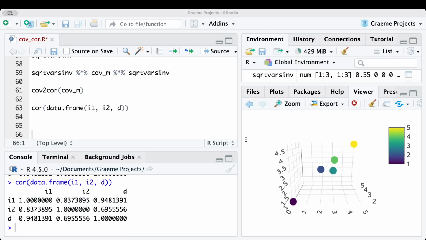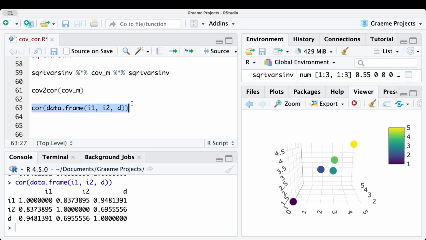Next, if you're familiar with statistical tests, you might be wondering, can we actually do a statistical test on this correlation? And the answer is yes, of course you can. But first, we've got to go over the R squared.